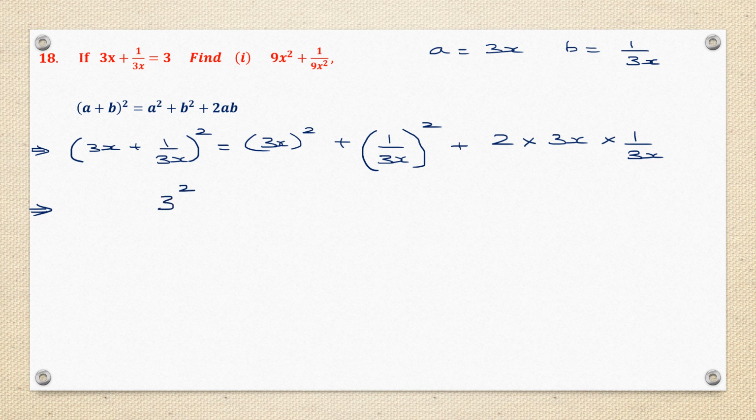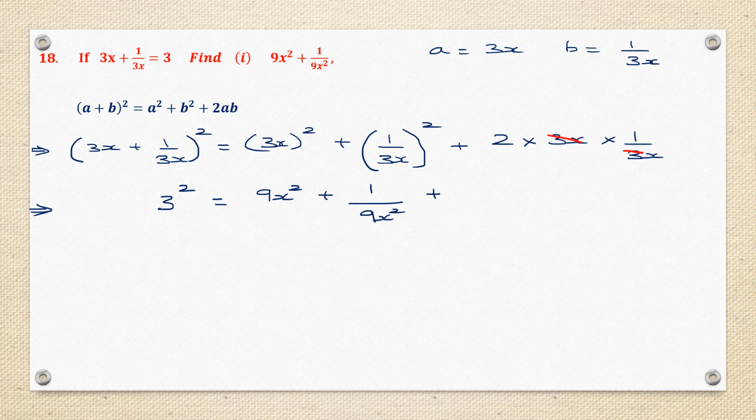Now square of 3. The next one, 3x square, that is 3 into 3, that is 9, and x into x, that is x square, plus here everything is squared. So 1 square is 1. Then in the denominator 3x square, 3 3s are 9, x into x is x square, plus, now if we have to simplify this, 3x and 3x will get cancelled.